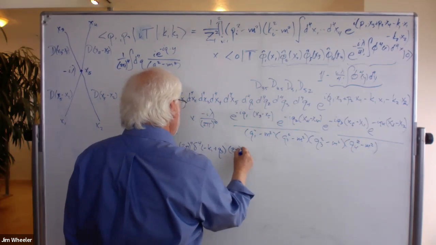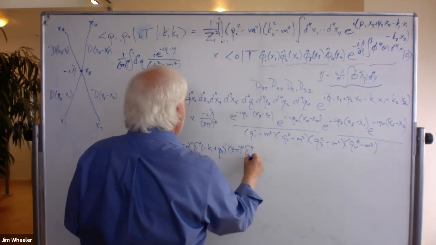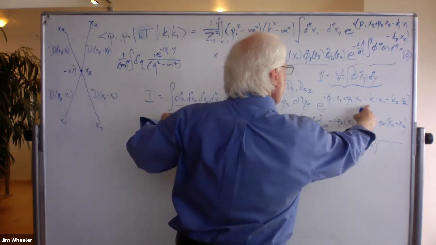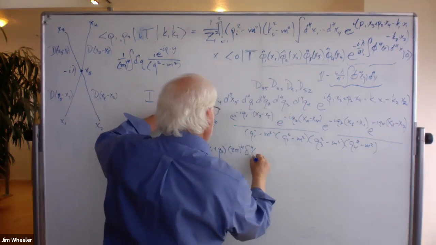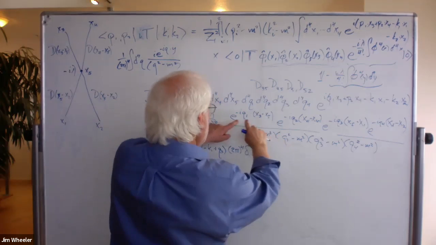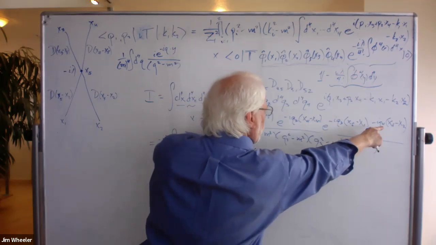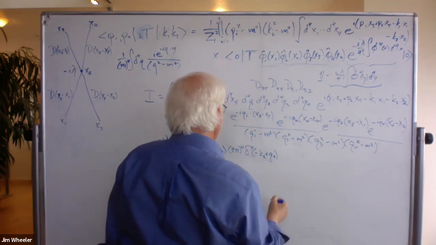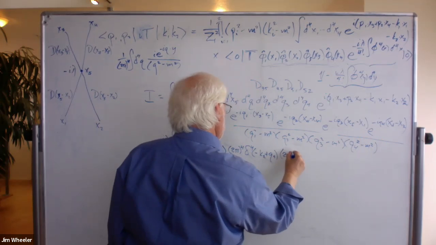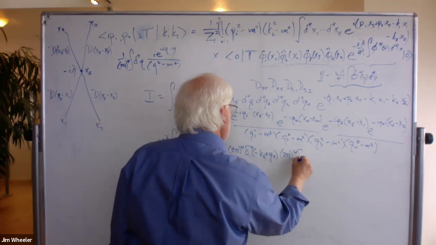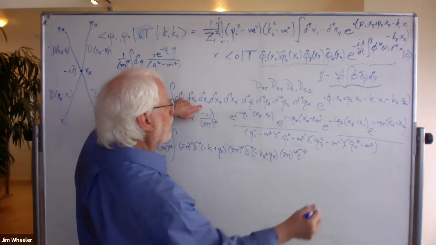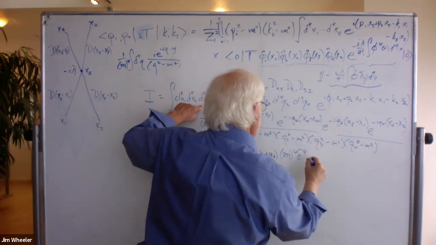Let's go on to x2. Now, x2, we've got a minus k2, and x2, where to go? Way down there, plus q4. And just keep going here. Okay, x3 integral. We get a p1.